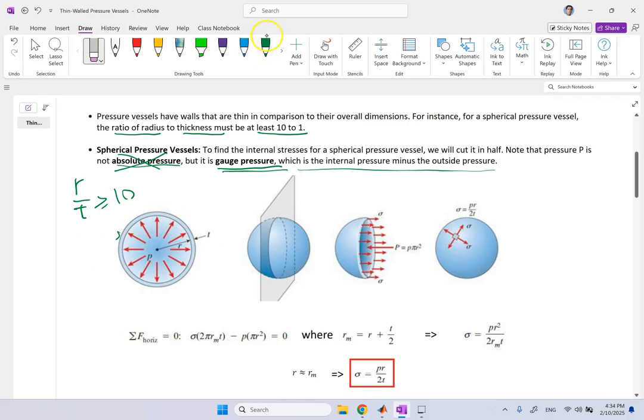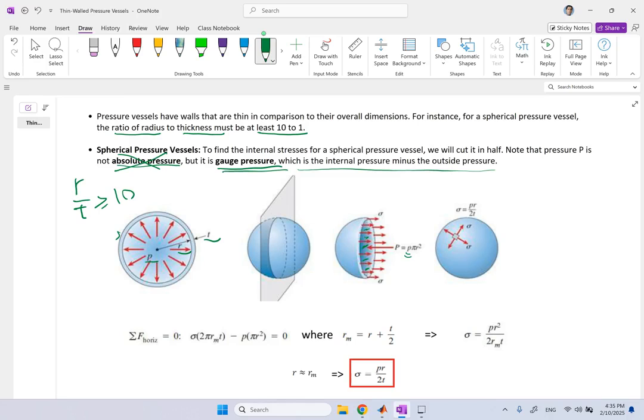Now, here we are going to cut it in half by a plane and look at one of the halves. So this is like the left side. Now on this internal surface of the hemisphere here, hollow hemisphere, the pressure P is acting.